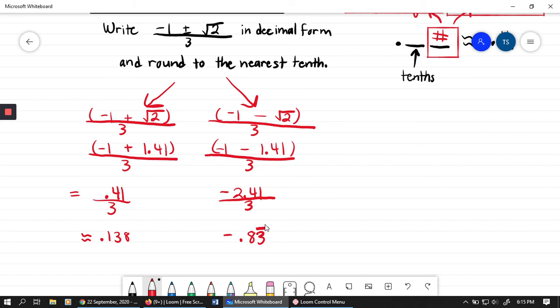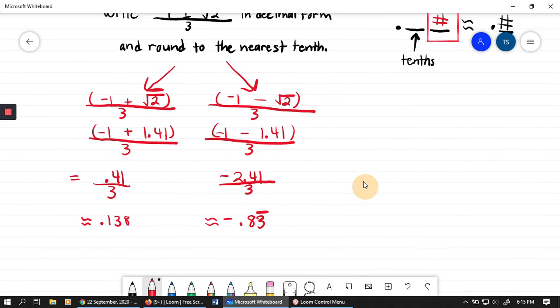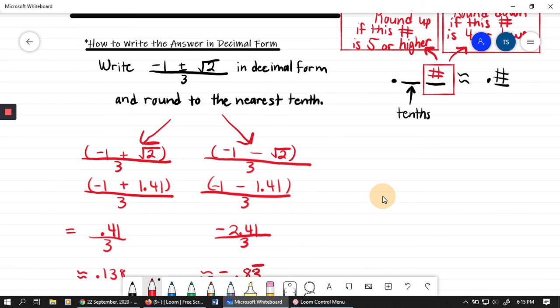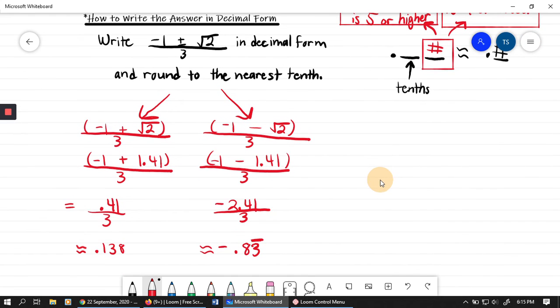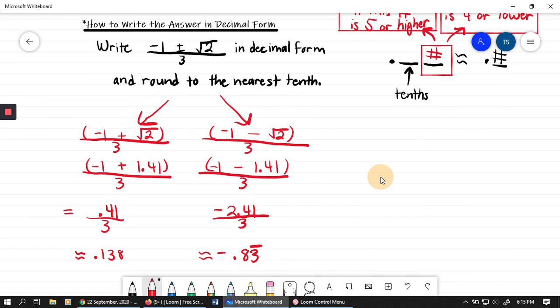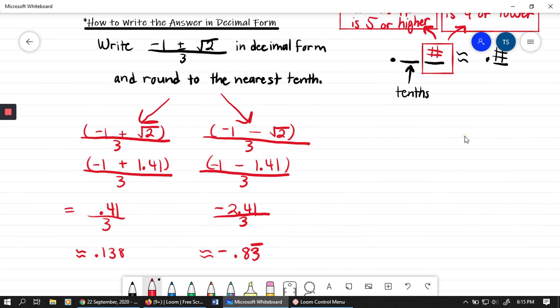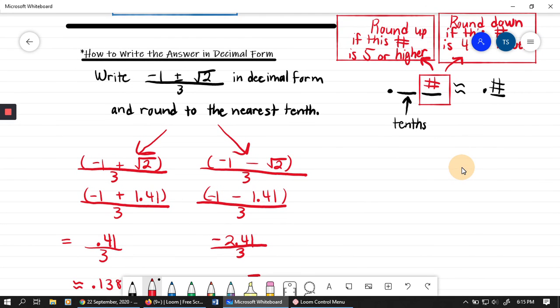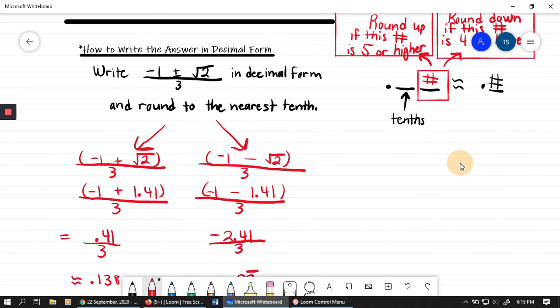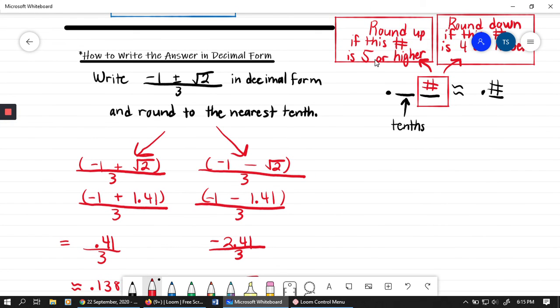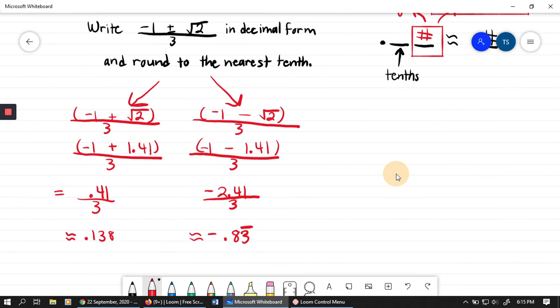Alright, but we do have enough digits here to go ahead and round to the nearest tenth in both cases. So these are your two number answers, but again, they want us to round to the nearest tenth. The tenth place is that first place right after the decimal, and to round to the nearest tenth, you look at the number right beside it on the right side, and you round up if that number is 5 or higher.